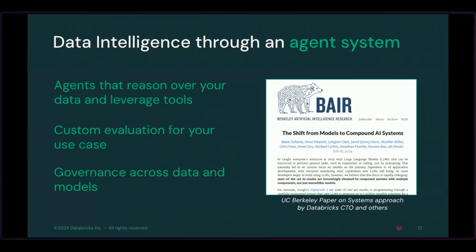Our CTO and co-founder Matei recently wrote about this shift from models to AI systems in a paper published by UC Berkeley. The three components of building an AI agent system are really an agent that reasons over your data, custom evaluation specific to your use case, and then governance across all of your data, models, and tools.